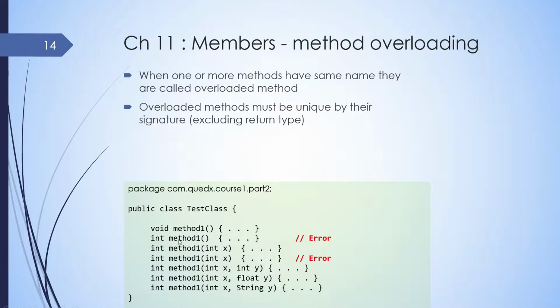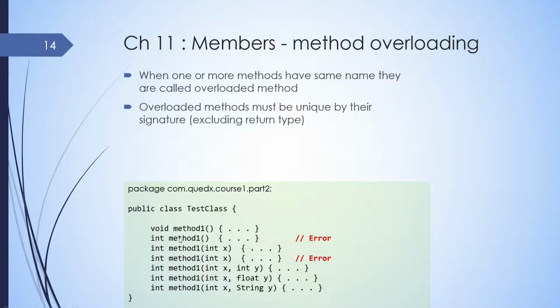Then we have int method 1, which also has some implementation. As you can see, the signature of this method 1 and the first method 1 is the same except for the return data type. Now this will give us an error because the method signature has to be unique excluding the return type.